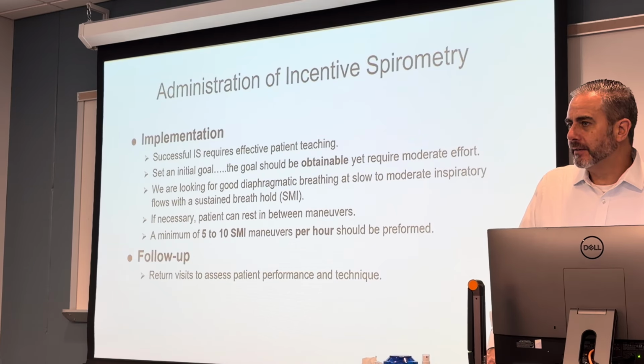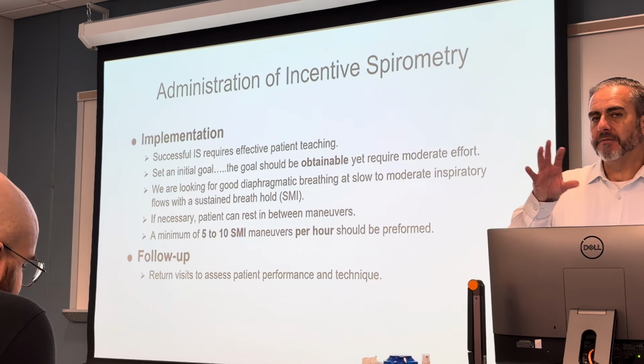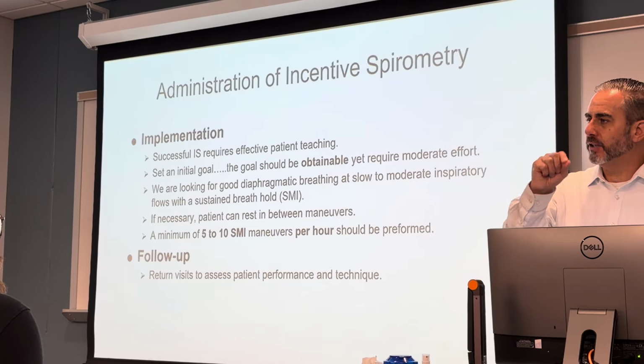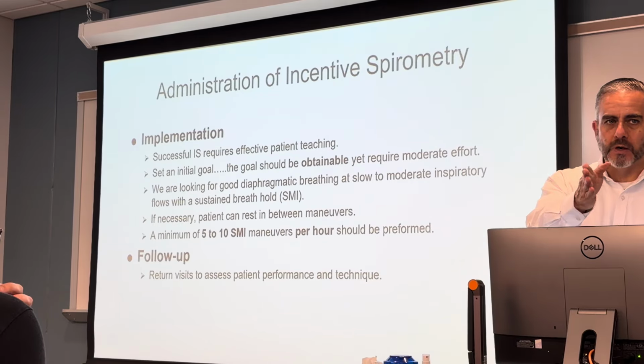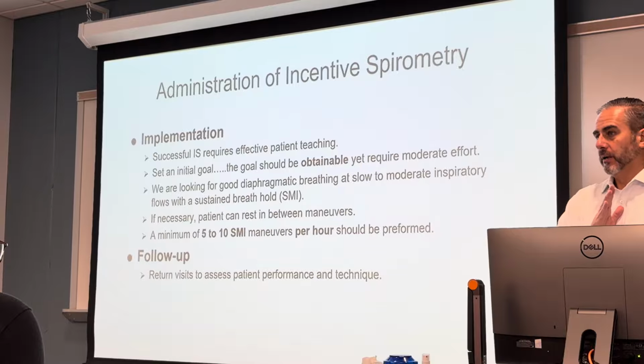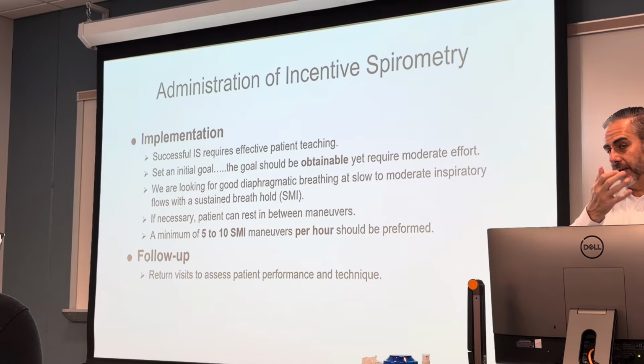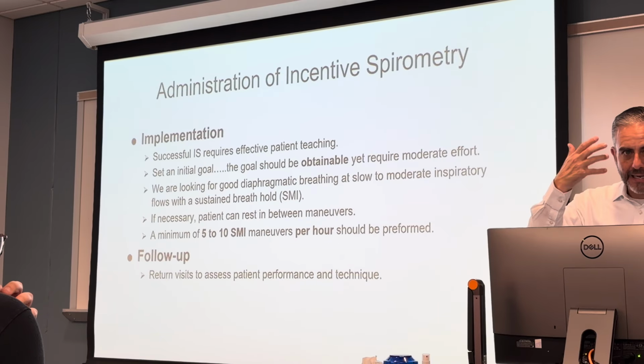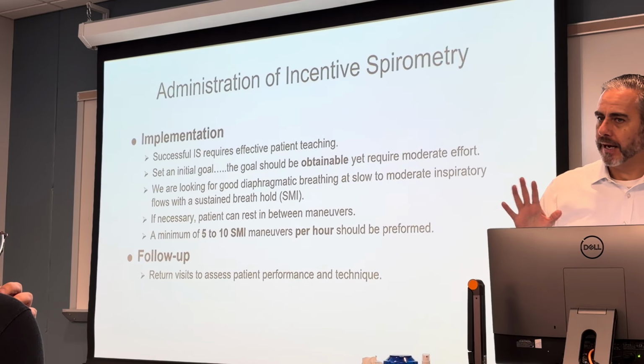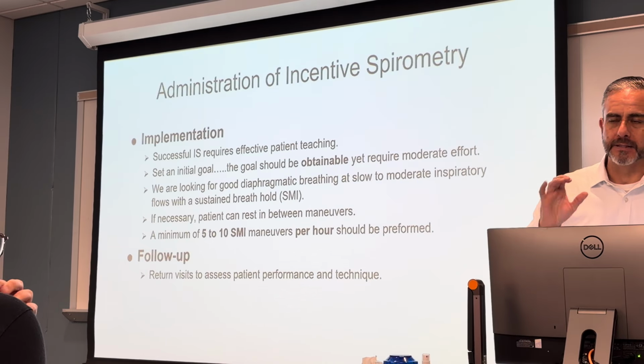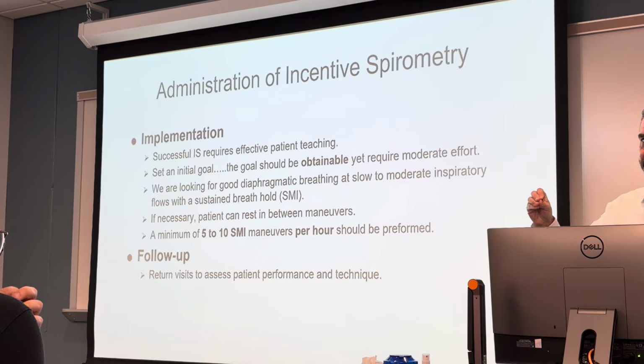I want to see 5 to 10 good technique, good efforts. And if it means they do one, followed by just a few normal breaths without the incentive spirometer, and then back to the incentive spirometer to do breath number 2, that's cool. I'm fine with that, because I want them to give me good efforts, not marginal efforts just because they were tired or uncomfortable.